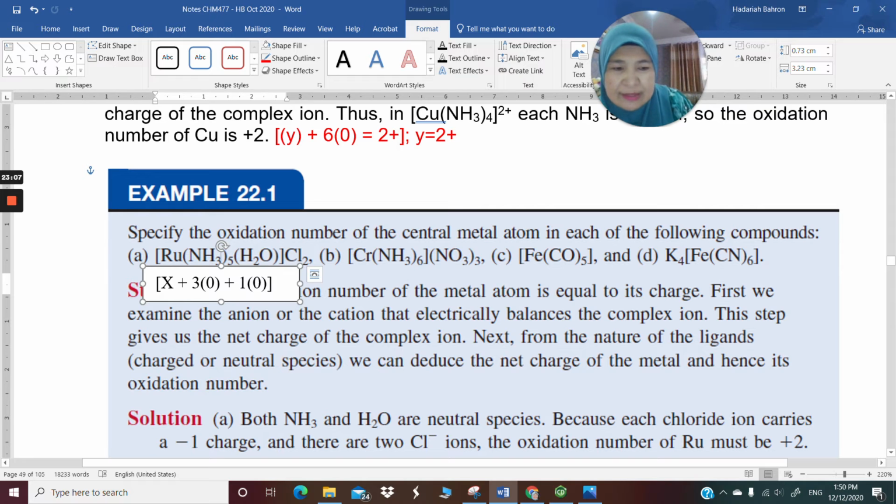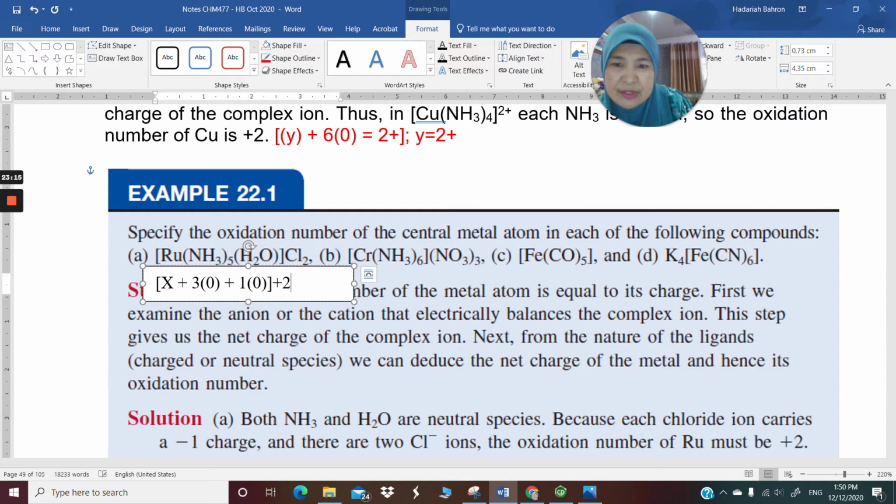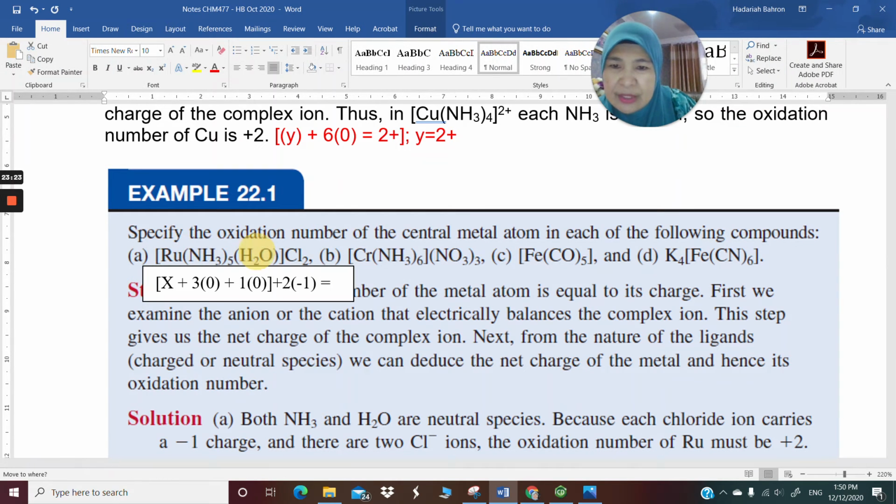Plus, the Cl is the counter ion, 2 times -1 is equal to, and this whole thing here is a neutral compound, because there is a charge of the complex ion -2, because you know it is -2 because it is chloride, 2 chlorides there.